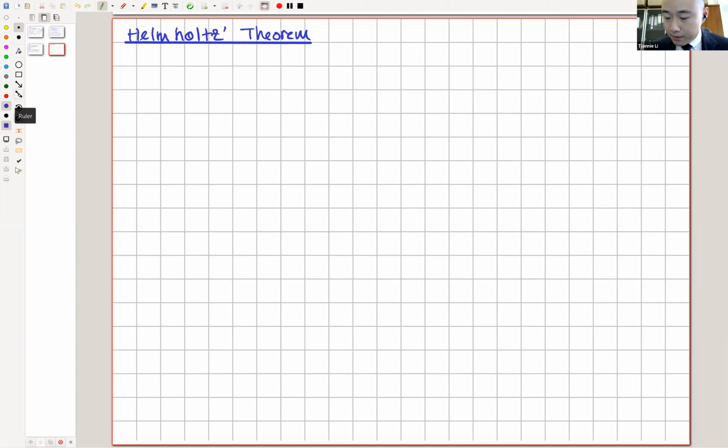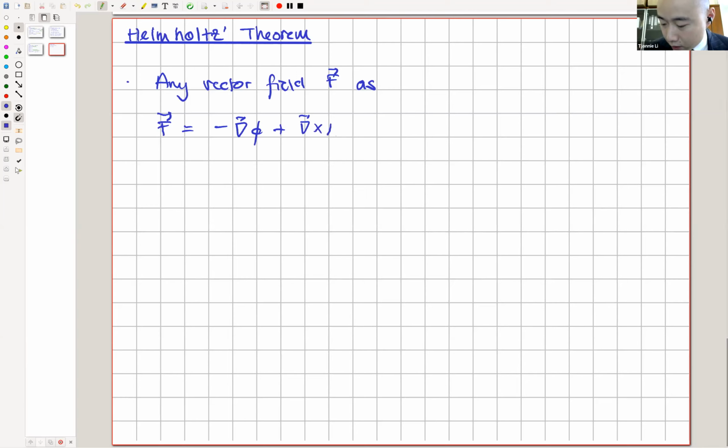So Helmholtz theorem basically states the following: that we can write any vector field F as the following: F equals the gradient of phi and the curl of A. And in this case, there are 3 conditions.